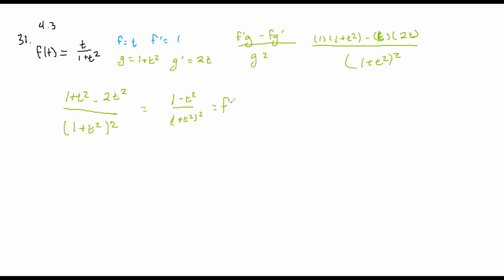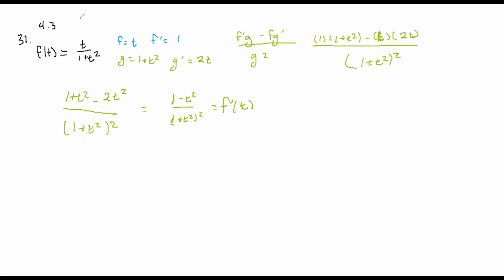So this is f prime of t. So then they want you to find the global minimum and maximum, and in this case, we don't have any end values to evaluate, so we're just going to find what the minimum and maximum are of this function.